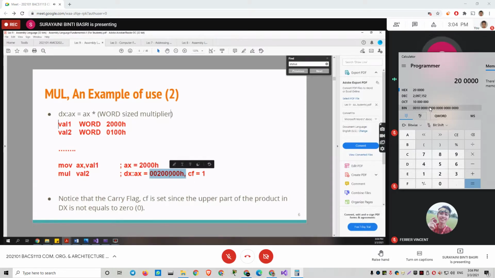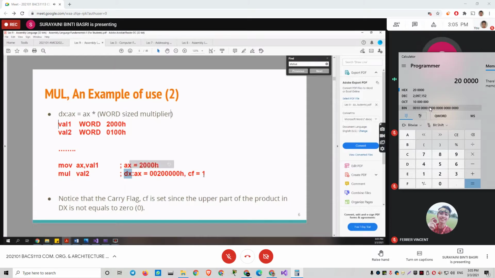It is for the computer to know that the product or the result of your multiplication is over 16 bits. If it knows that your carry flag is 1, then it knows that the result of your multiplication is over 16 bits, so it will check the value inside DX.